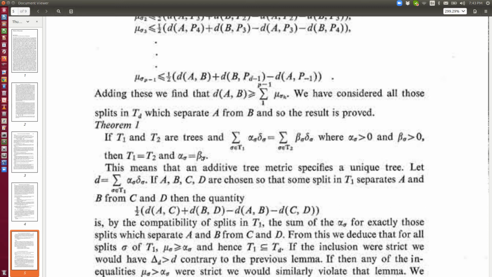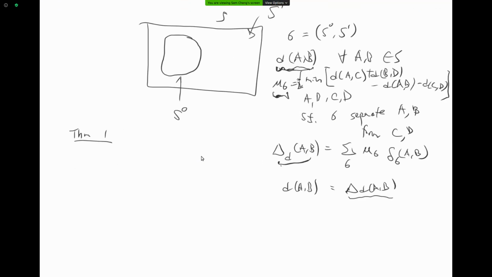There are a couple of steps to reach there, and before that, I'd like to show a lemma first.